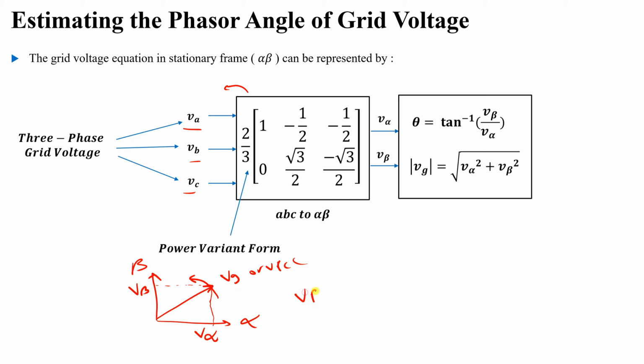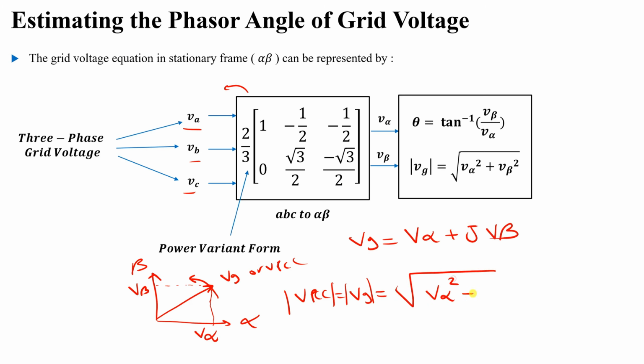These two components together as a phasor will form our VBCC. So our VG, V grid, as a magnitude, is equal to V alpha plus j V beta, right? So if I would like to get the magnitude, it will be root the real part square plus imaginary part square, which is exactly this equation. If I would like to get the angle theta, look carefully at this diagram, which is the angle of this vector.